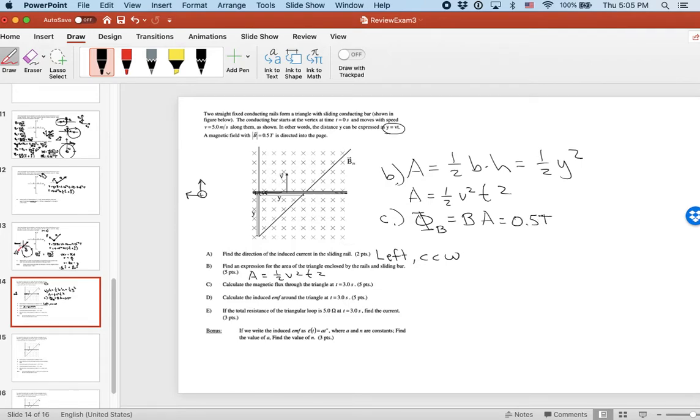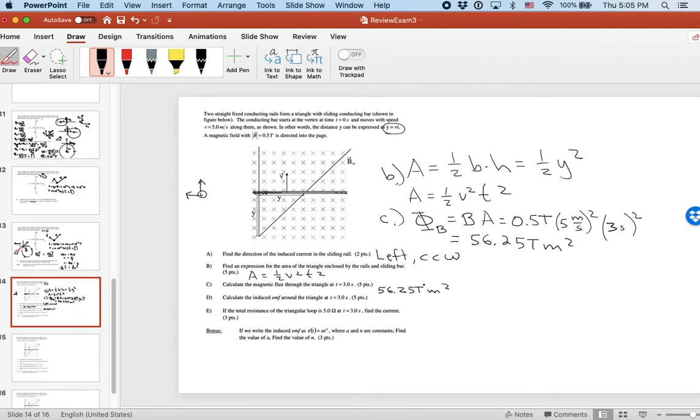And then v squared is going to be equal to 5 meters per second, squaring that. And then t is 3 seconds, so 3 seconds squared. And when we work that out, we get the flux is equal to 56.25 Tesla meter squared. So magnetic flux is 56.25 Tesla meter squared.